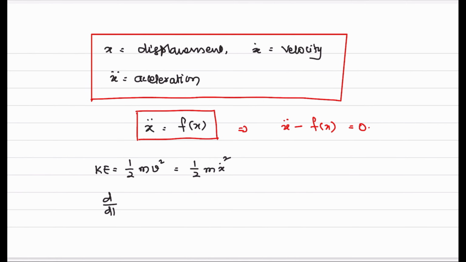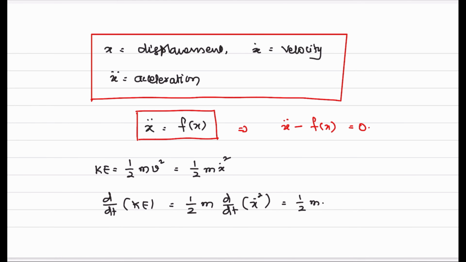d by dt of, what is d by dt? The rate of change of kinetic energy. What will be the d by dt of kinetic energy? That is equal to half m into d by dt of x dot square. Do you agree?